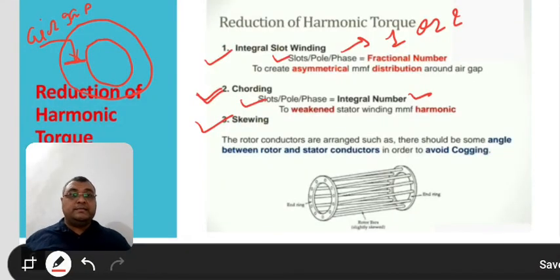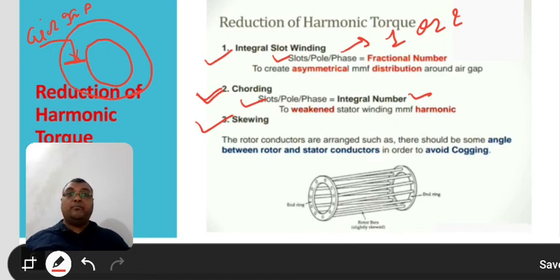So in this method, the number of slots per pole per phase should be an integral number, whereas it was a fractional number in the earlier part. With an integral number, we can weaken the stator winding MMF, so the MMF of the stator winding will be reduced by means of the chording method.